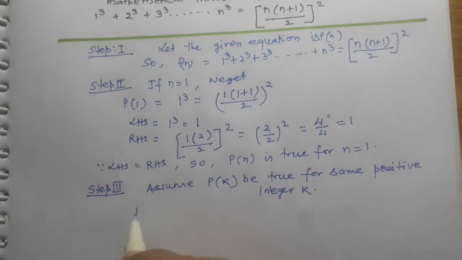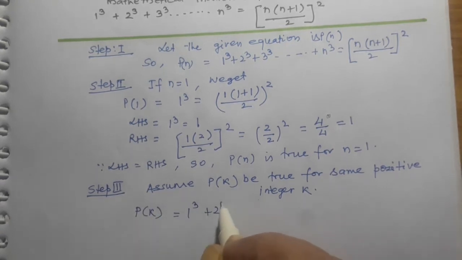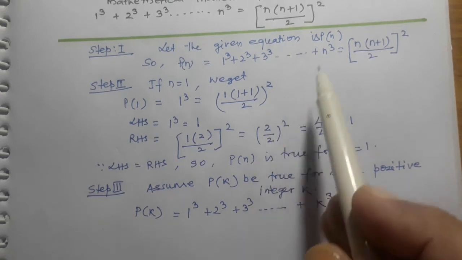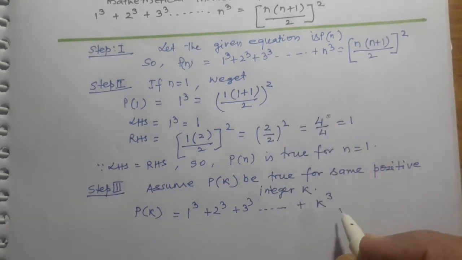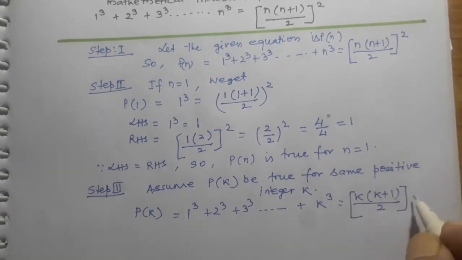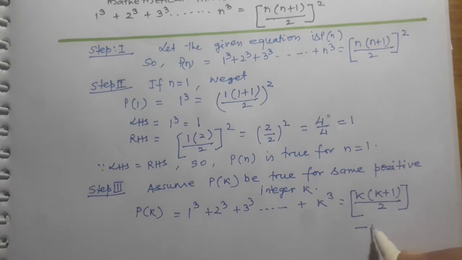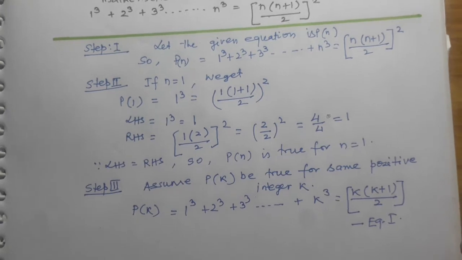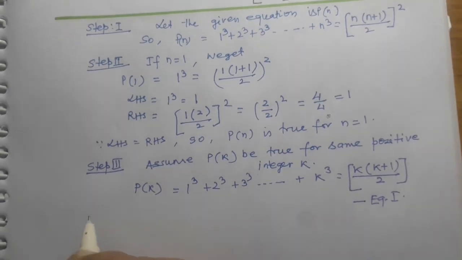Okay, so Pk will be 1 cube plus 2 cube plus 3 cube and so on, plus k cube. At the place of n cube we are writing k cube, equal to k into k plus 1 divided by 2, whole square, right? This we shall assume as equation 1, because this equation will be used in the fourth step.